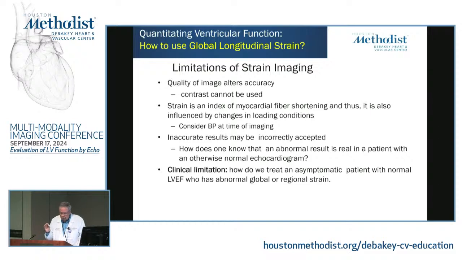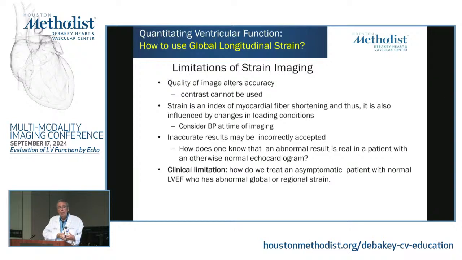The biggest issue is still what I said earlier. How do we treat asymptomatic patients that had abnormal GLS, and how do we bring this new data that we have of the prognostic impact of GLS in all of these diseases into action?